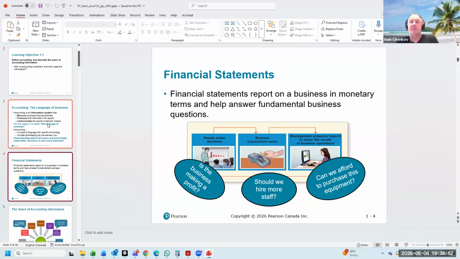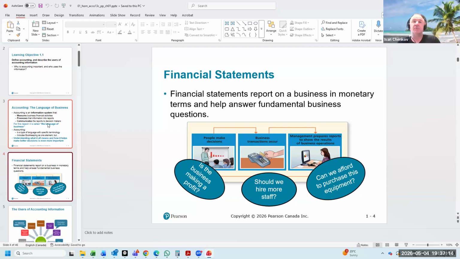Now, for the financial statements, what's the financial statement? Financial statement is, again, monetary information presented in form of a report, which has certain characteristics and answers certain fundamental business questions. What are those questions?